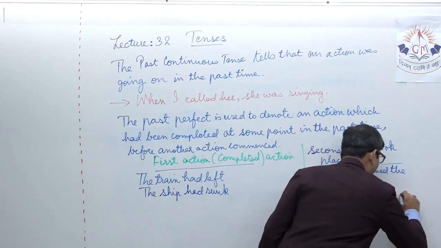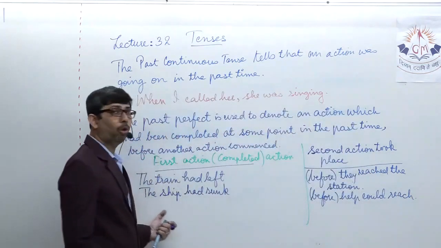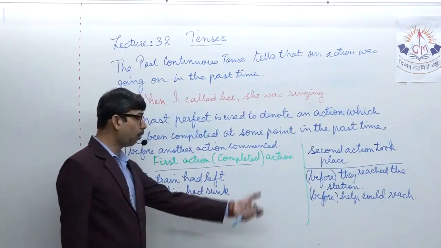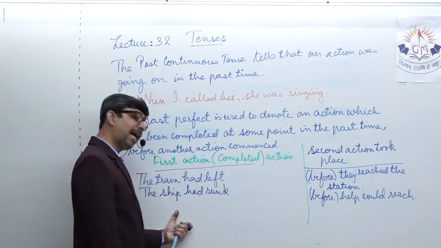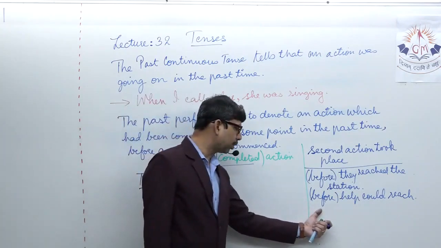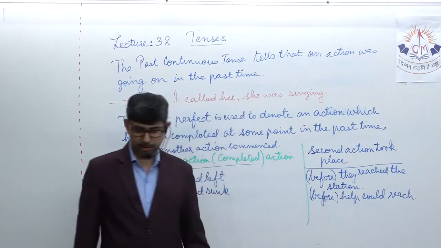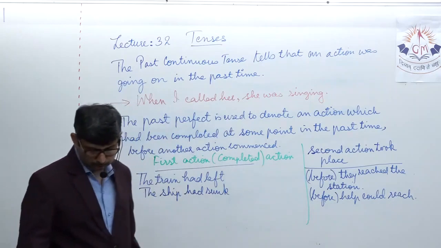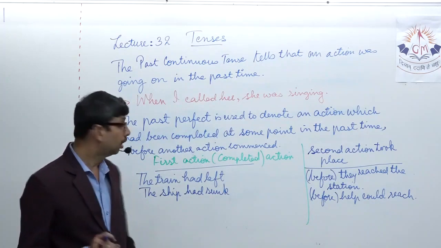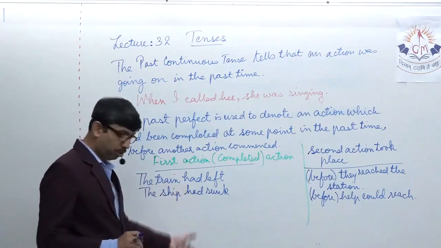Before somebody could go and save the ship or the people, the ship had already sunk. The ship had sunk before help could reach. So we have a complete action, that is the drowning of the ship, followed by a subsequent action, help reaching them, that is before the help could reach. So you see, observing these two sentences carefully, how do we write them with the help of the past perfect tense where had is used accordingly.